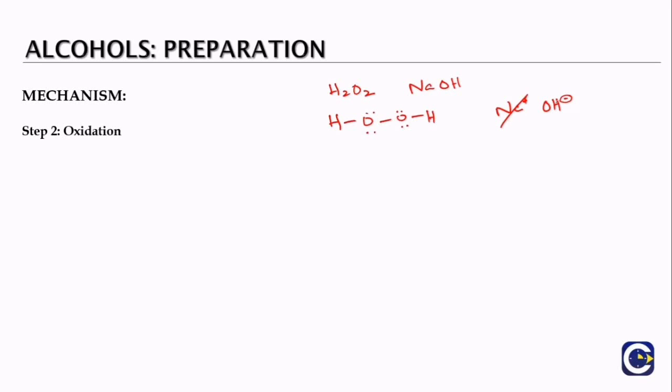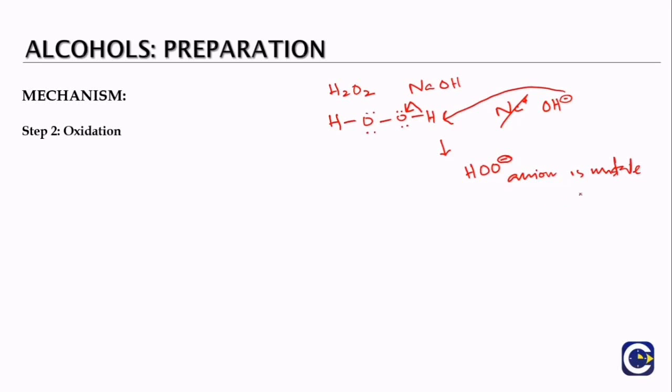The hydroxyl group will just take one of the hydrogen atoms from the peroxide group, and the oxygen will get the electrons, and in this case we get HOO negative. This is the unstable anion we are getting.